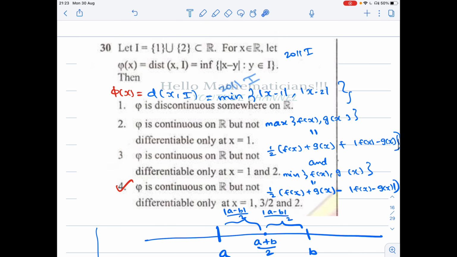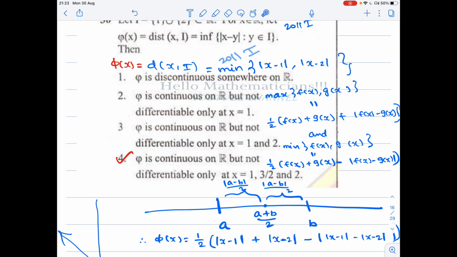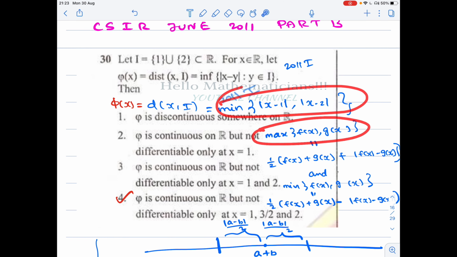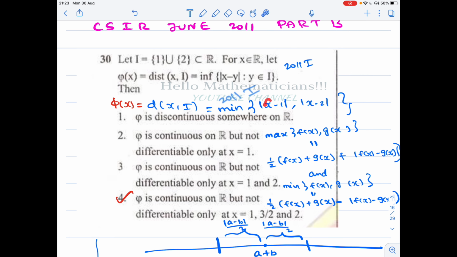Note that these functions, minimum and maximum, are all functions from R to R. When you substitute an x, the function checks which value is lesser, and the lesser value will be assigned to the value of phi of x.